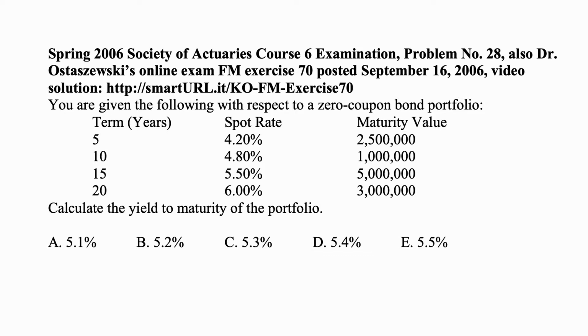If you combine all of these zero coupon bonds into one security, the portfolio that we have, we can calculate the price from the maturity values discounted at the corresponding spot rates, and then if we discount all the cash flows at one interest rate, the same for all times of maturity, then the interest rate at which they are all discounted at the same rate for all terms is equal to the price. That's called the yield to maturity of the portfolio.